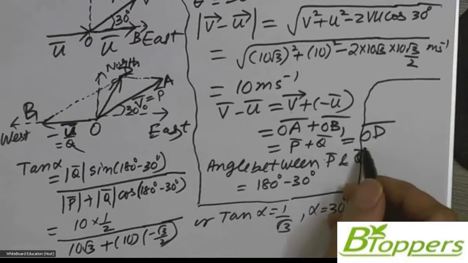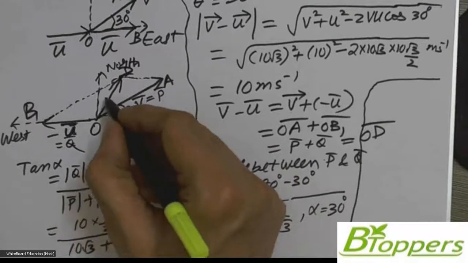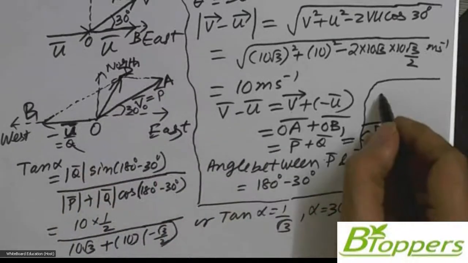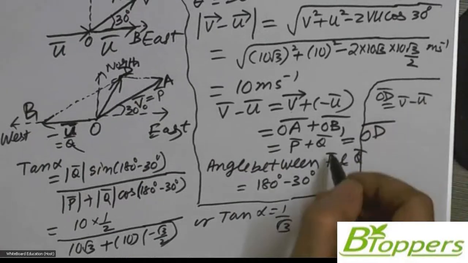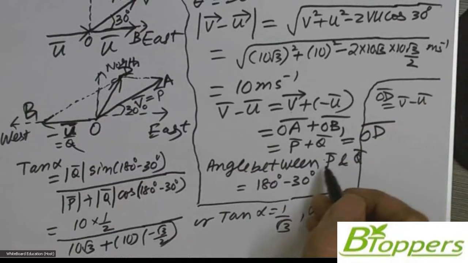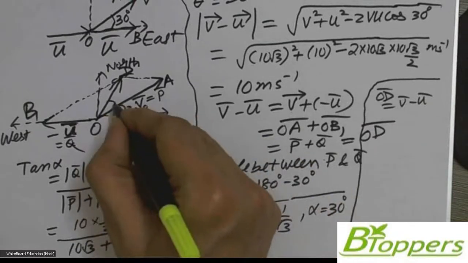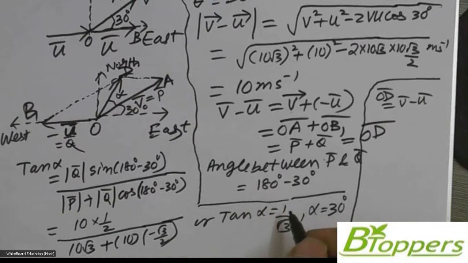Means OD bar represents the change in the velocity vector v bar minus u bar. So this angle alpha we have calculated to be 30 degrees.